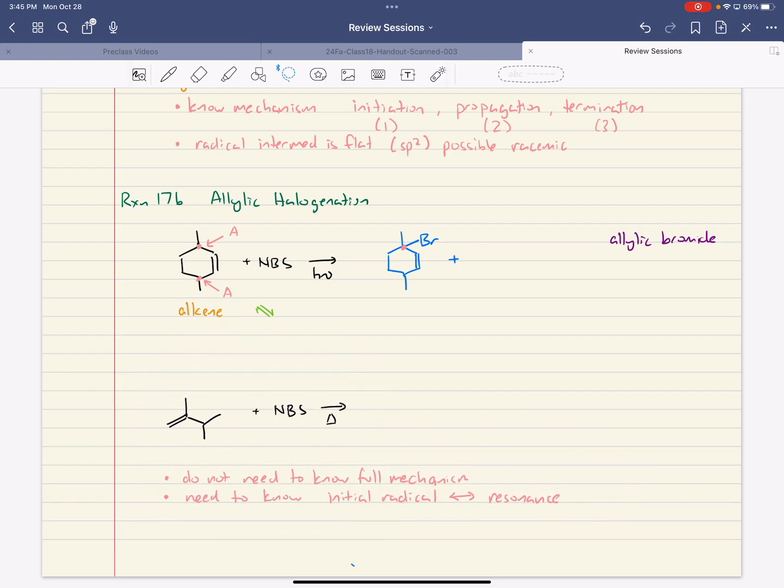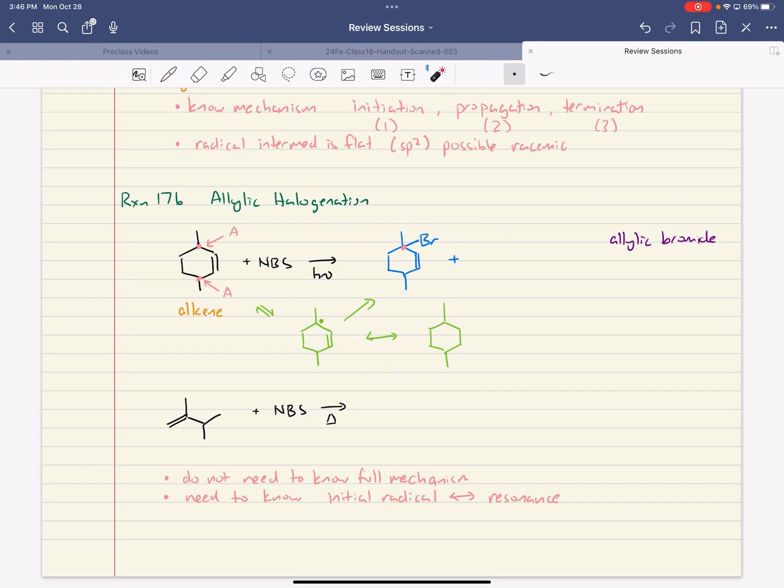The initial radical is literally, you remove the hydrogen that's on this carbon, and you form a radical. And you see how that gave me this product. But that radical has resonance. And we have to decide whether that resonance contributor is going to give us the same or different products.